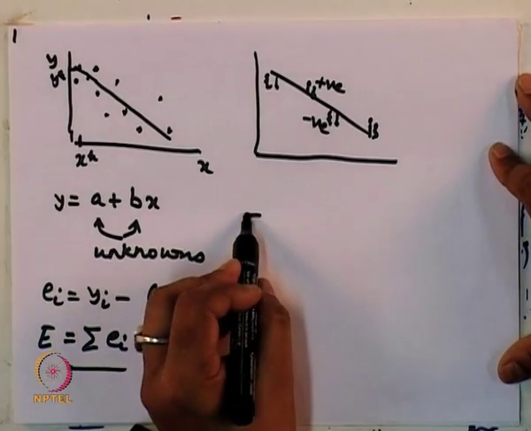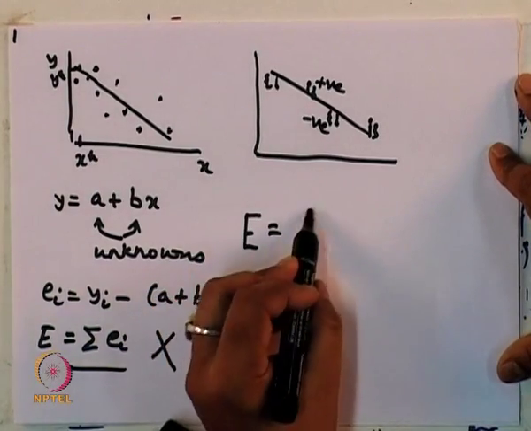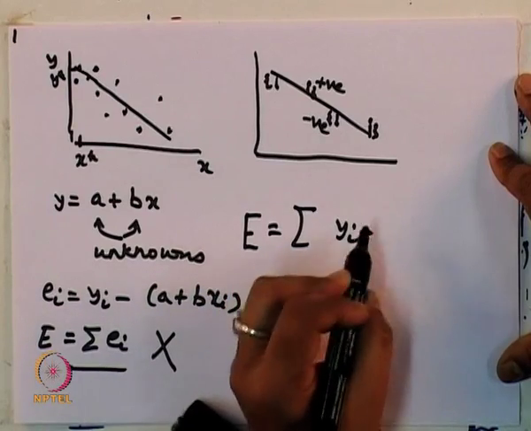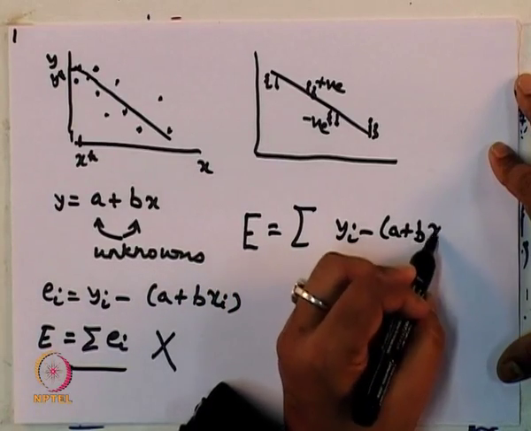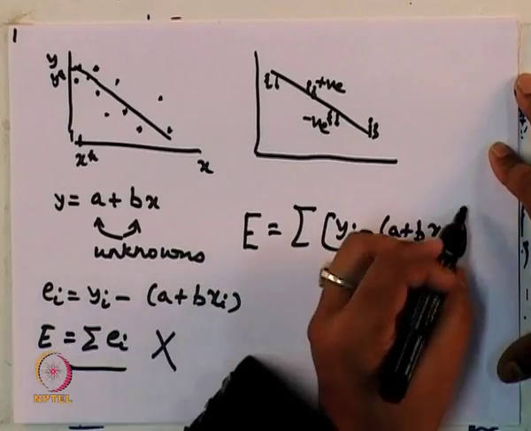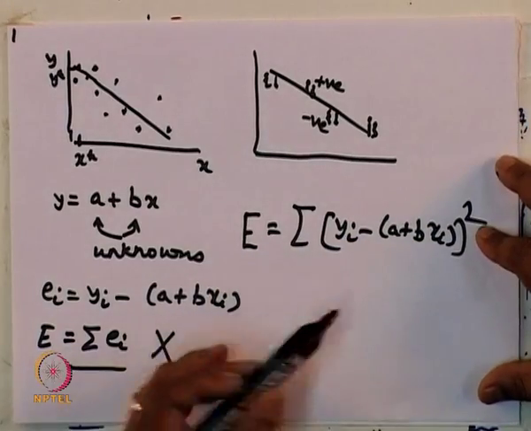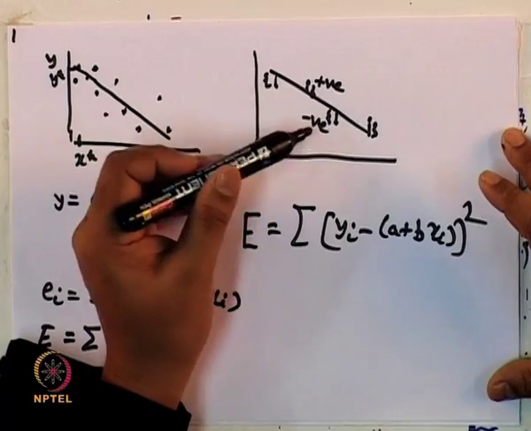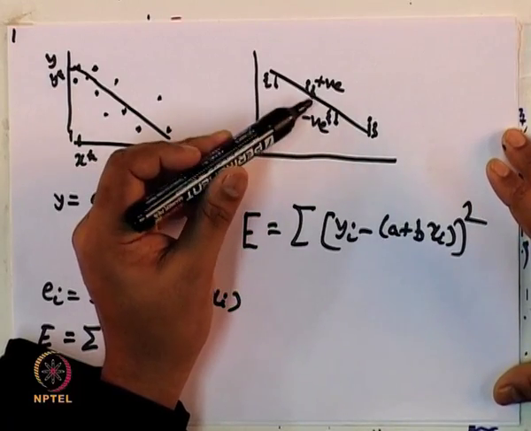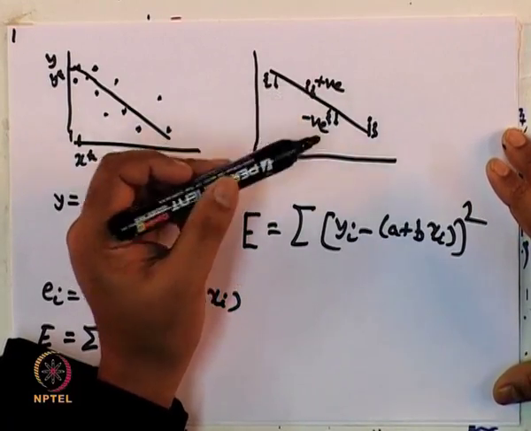So, what you minimize is E equal to the summation of (yi minus (a plus bxi)) whole square. Okay. Squaring means you are minimizing the net deviation without taking into consideration whether it is positive or negative.